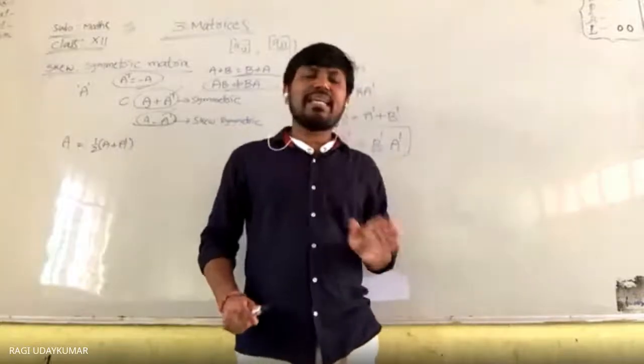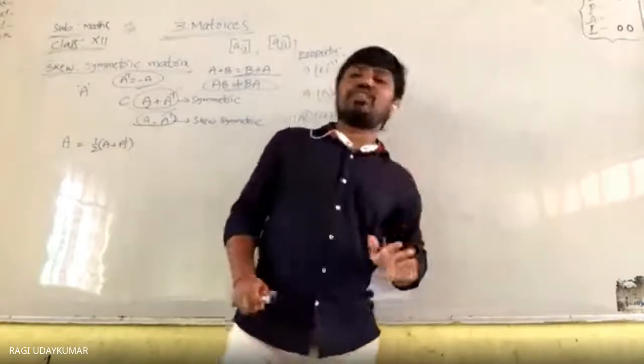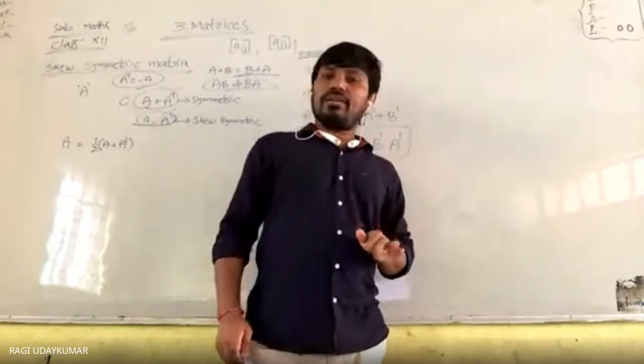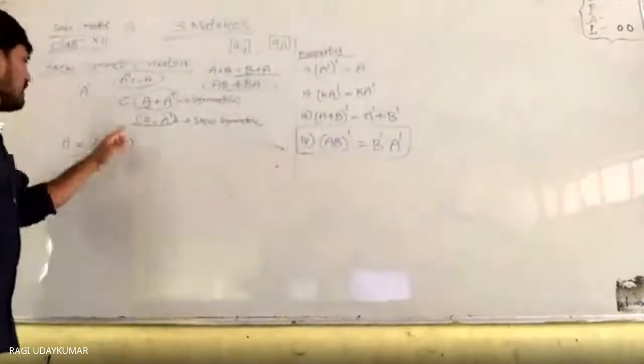Yes, sir, because if you multiply by a non-zero constant, the property will not change. Okay, so that's why, as you have multiplied by 1/2, it will be a symmetric matrix.